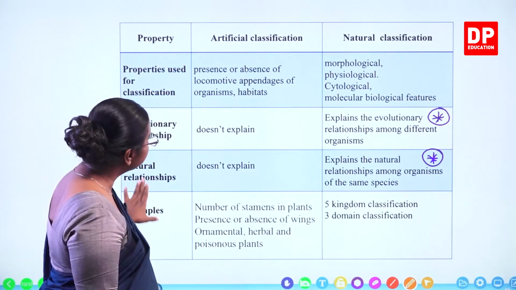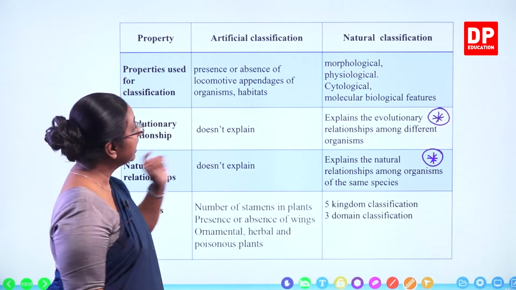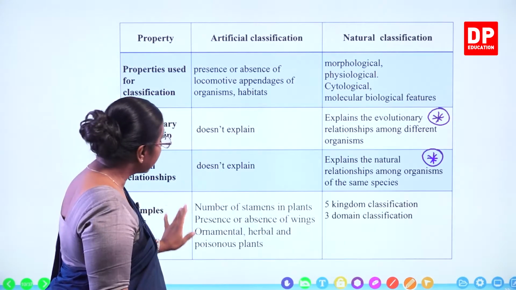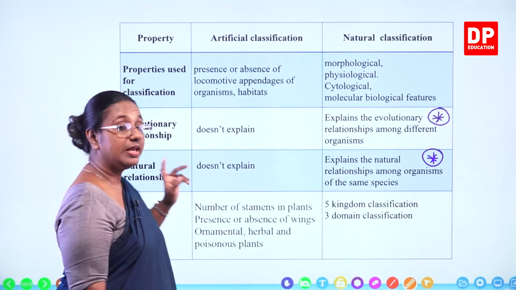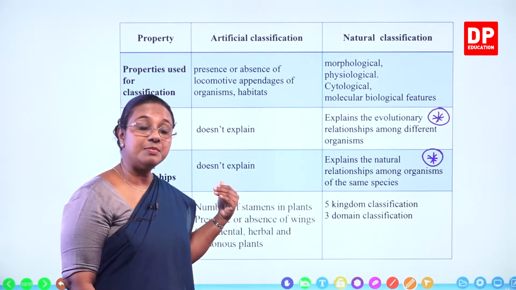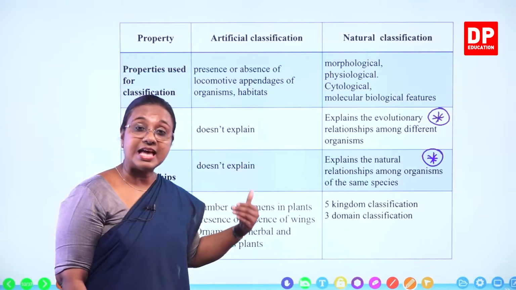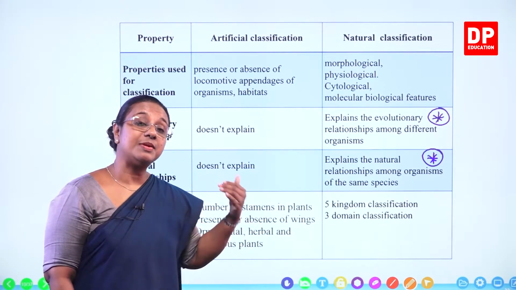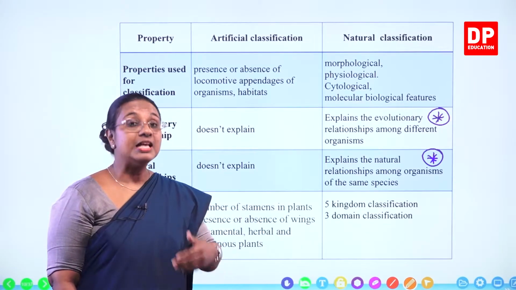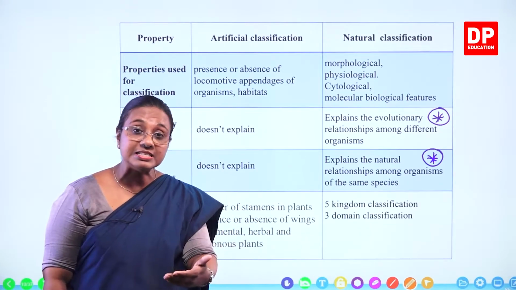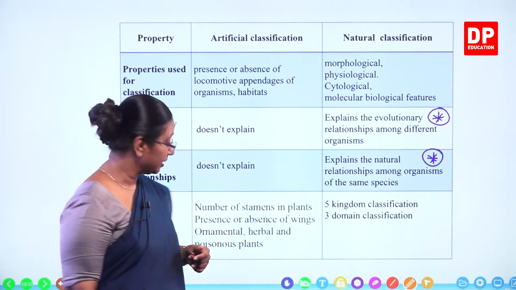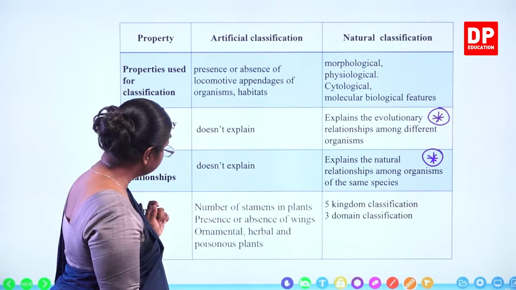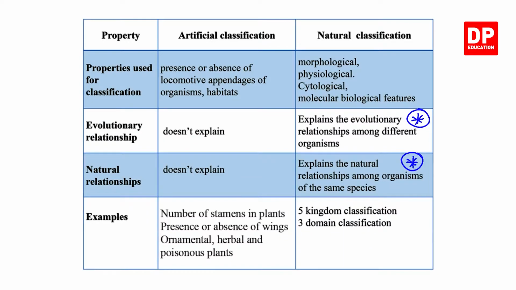Then if we look at some examples for artificial and natural classifications, under artificial classification, we have used a few criteria before, classifying organisms as animals and plants. Then we consider the presence and absence of legs, then the presence or absence of wings. Like that, we can use different criteria. I have given a few examples here. Number of stamens in plants. If you take different types of plants, you all know what stamens are.